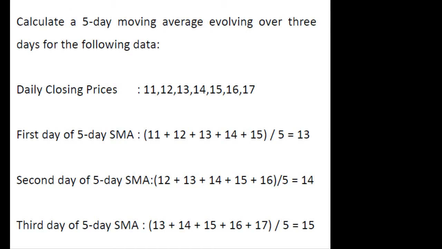These rules are related to the moving average, and this chart will show you how to get the number for the 5-day moving average. There is a set of numbers from 11 to 17.